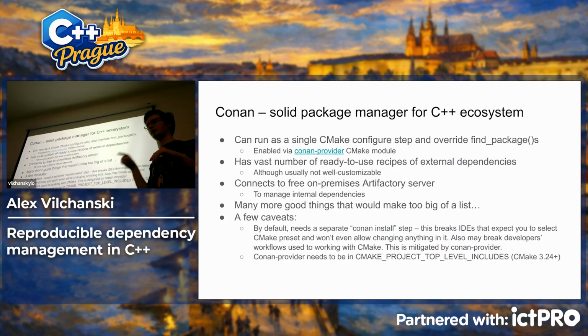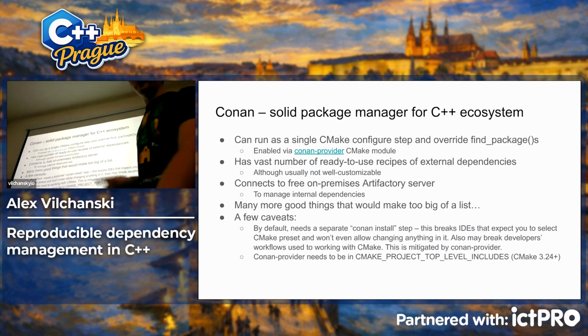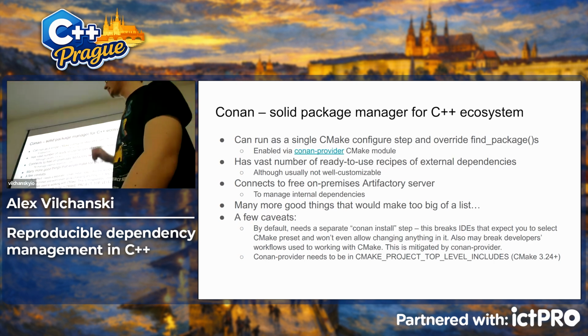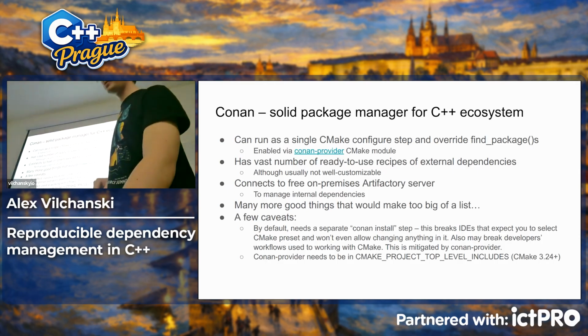So at the very first project declaration of the topmost list file, any CMake file can be injected via this variable. That's how you can do code injection now in CMake. Quite useful. We will use it for another thing too, not only for the Conan provider.